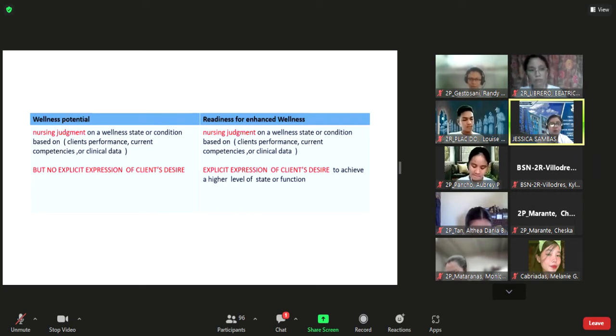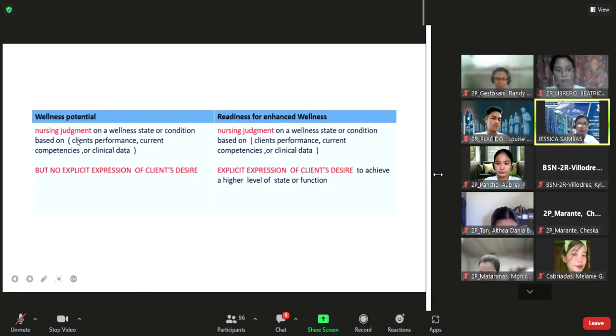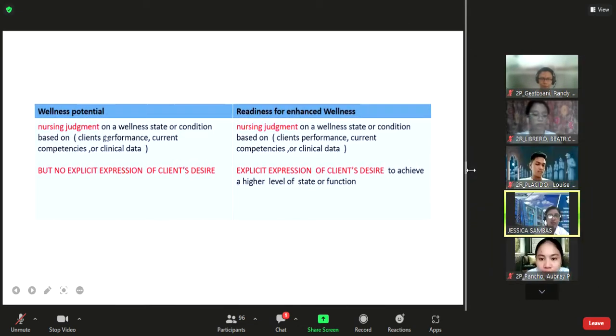Now, when you say wellness potential, based on your nursing judgment on a wellness state or condition, your basis for this, of course, is the client's performance of the action. Nakikita mo, nag-breastfeeding siya, may kakayanan siya, healthy naman ang nanay, wala naman po siyang sakit. Kaya nga lang, there is no explicit expression of client's desire to continue it.